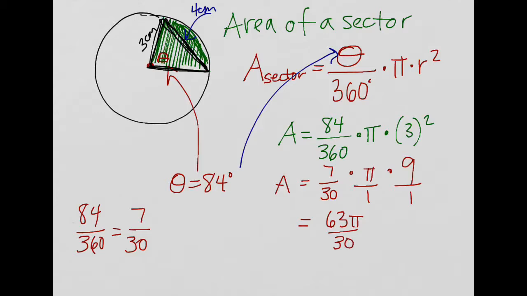Can simplify that a little bit more by dividing both of those by 3, so I would get 21 pi 30ths for my area. Okay, and remember it was centimeters, so they are squared. Okay, and that's going to give me the area of that sector.